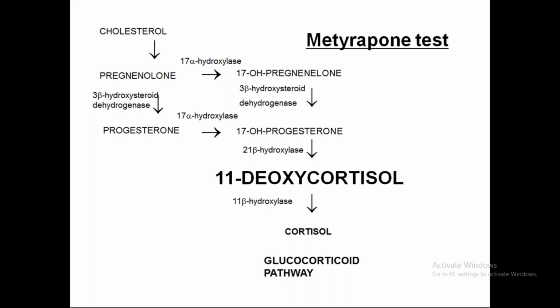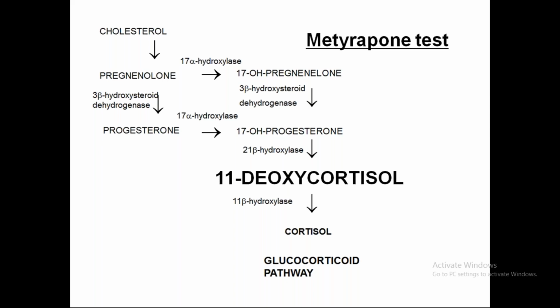As all of you are aware, cholesterol is the parent for synthesis of cortisol. In a metyrapone test, metyrapone will inhibit this enzyme, so by inhibiting it, cortisol formation does not occur.